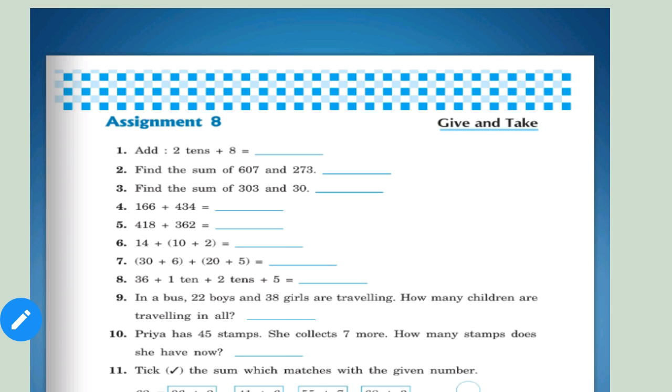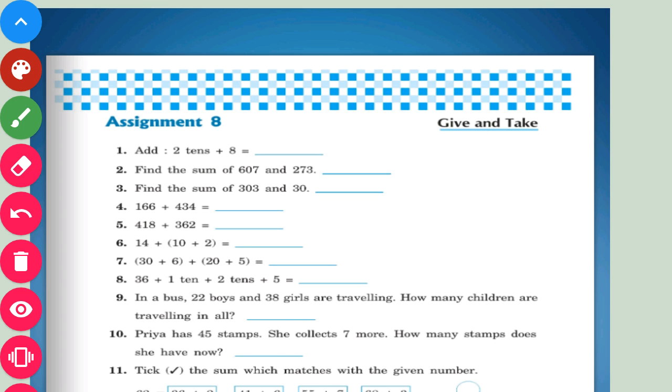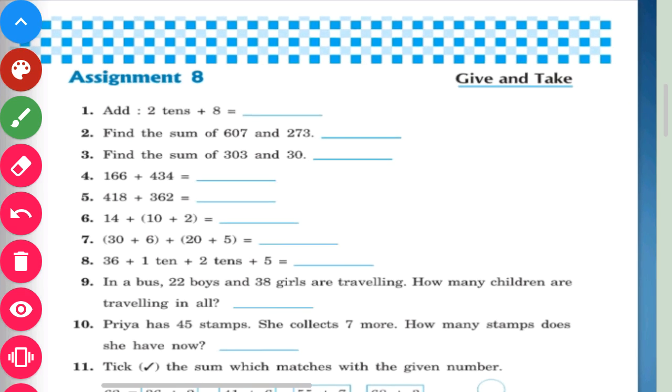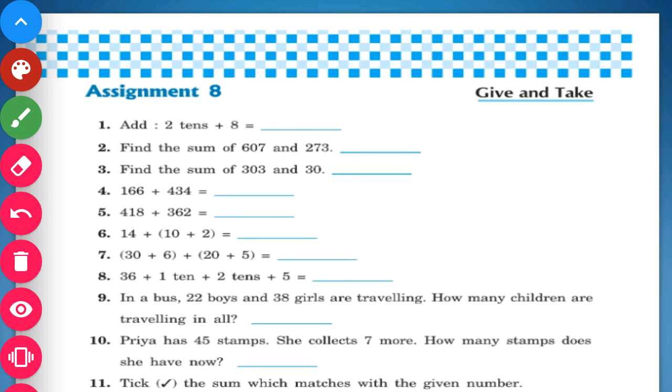Now today we will do a worksheet based on your second chapter, that is addition. We have completed this chapter. So today we will do a worksheet based on addition. So let us start.